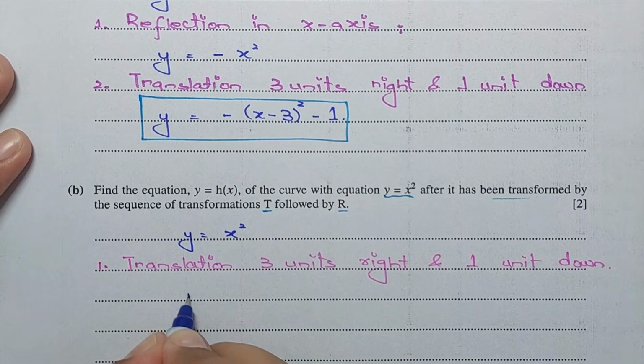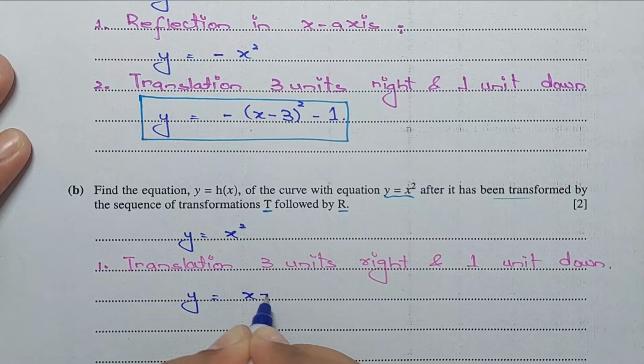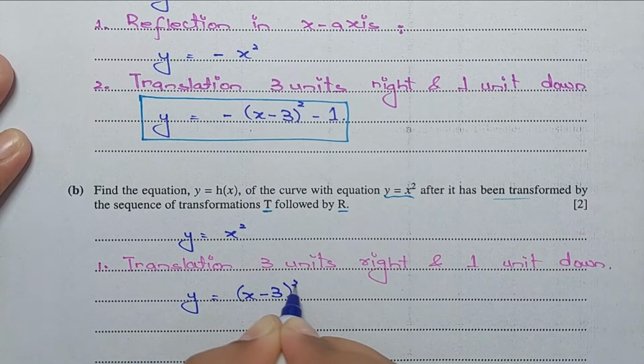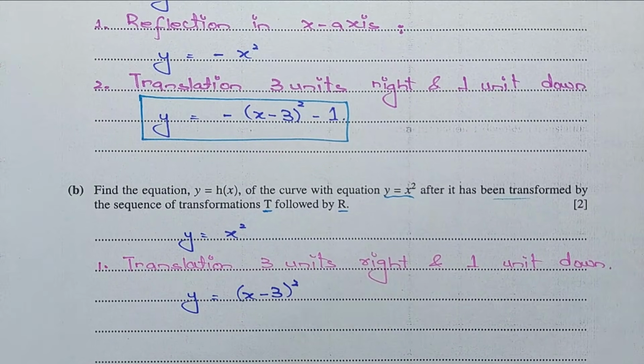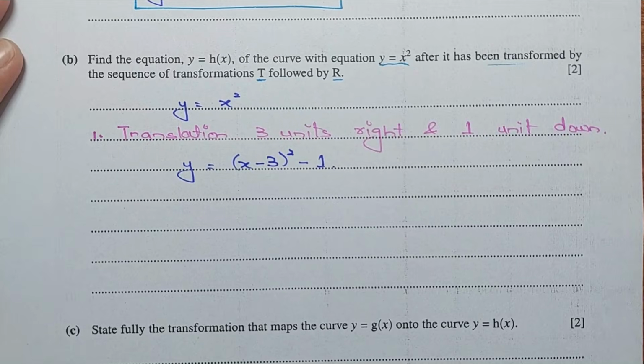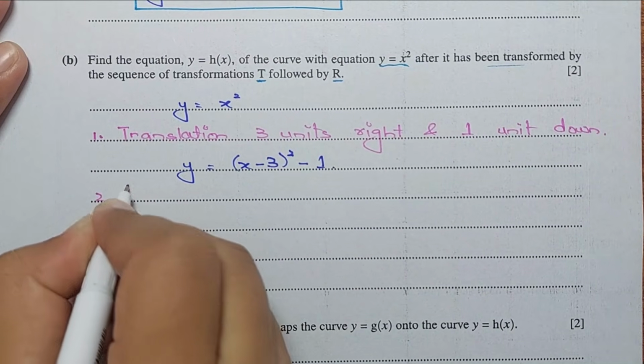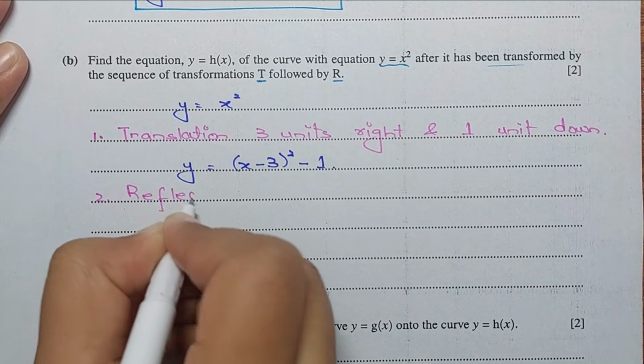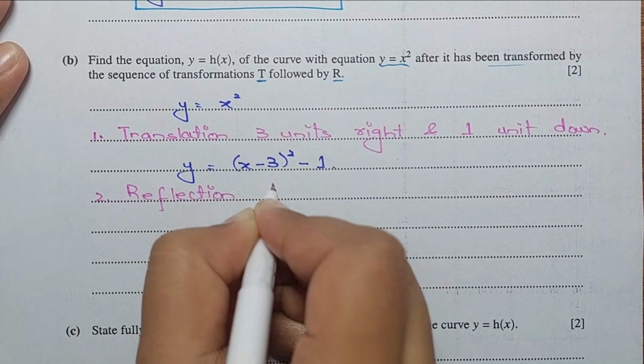Okay, so y equals (x minus 3) whole squared. With the x value, the horizontal translation is always subtracted with the x value, and the vertical translation is outside the function, right? Okay, now the second transformation is a reflection in the x-axis.